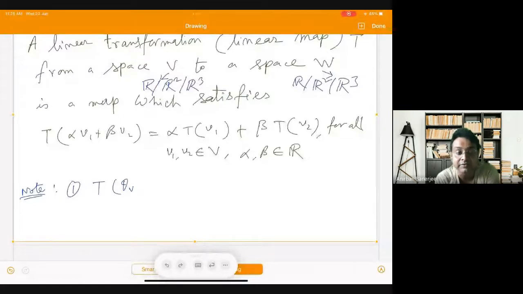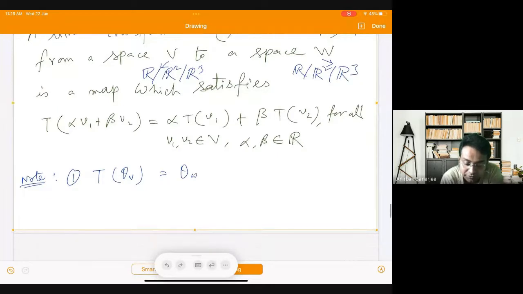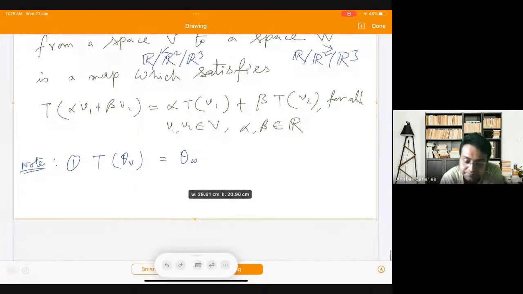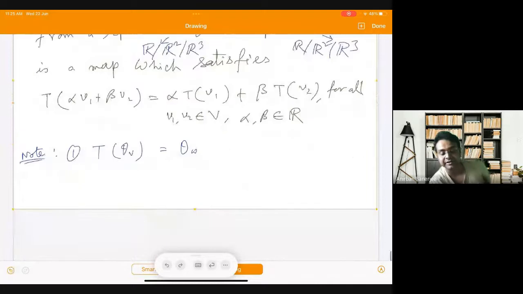In R2 it is 0, 0, and R3 it's 0, 0, 0, right? So the space could be different. That's why null vectors could be different. But if you take the null vector as the input in this linear transformation or linear map, it will give you the null vector in the other space. Okay, it will always be there. This is very important for the linear transformation. And of course, we can see that if you take alpha and beta equal to 0, you get that.